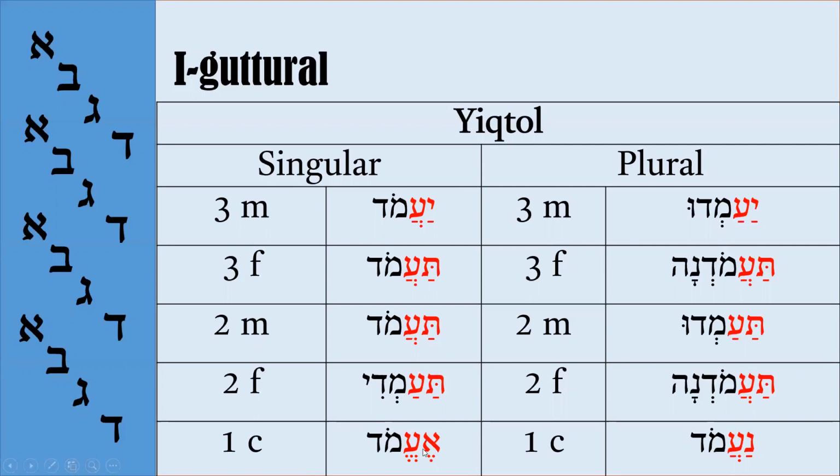Here the basic paradigm is eqtol, and in this case segol remains, but the vowel under the guttural letter, the first consonant, will also be a compound sheva, but in this case it will be chatef segol, not chatef patach. Everything else is very predictable, so everything else is the same. So you can see it is also very, very clear, and it's not a big challenge.